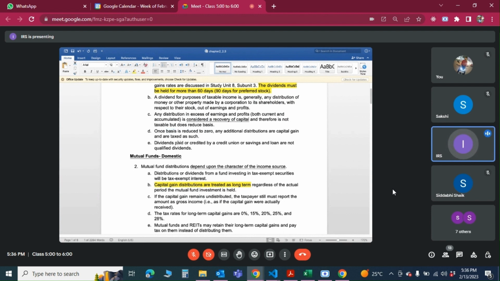Okay, dividends paid or credited by a credit union or savings and loan are not qualified dividends. That's fine. If there is a credit union and they are giving dividends, they are not considered to be qualified. We don't see what is qualified, what is not. We don't see where it is coming from. Usually we'll get a 1099, and based on that, we'll do the filings. But if we are working for a company which has issued dividends, then we have to prepare proper 1099-DIVs, and those need to be distributed amongst all the shareholders.